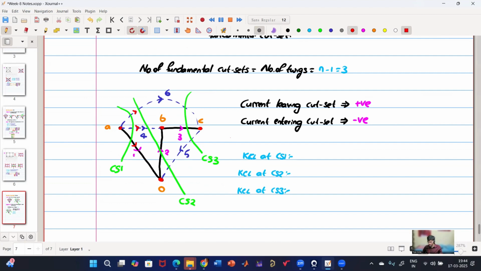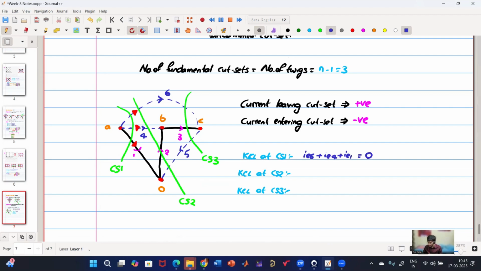So what will be the expression, anyone? KCL expression? IE6 plus IE4 plus IE1 equal to 0. Very good. Yes, equal to 0.